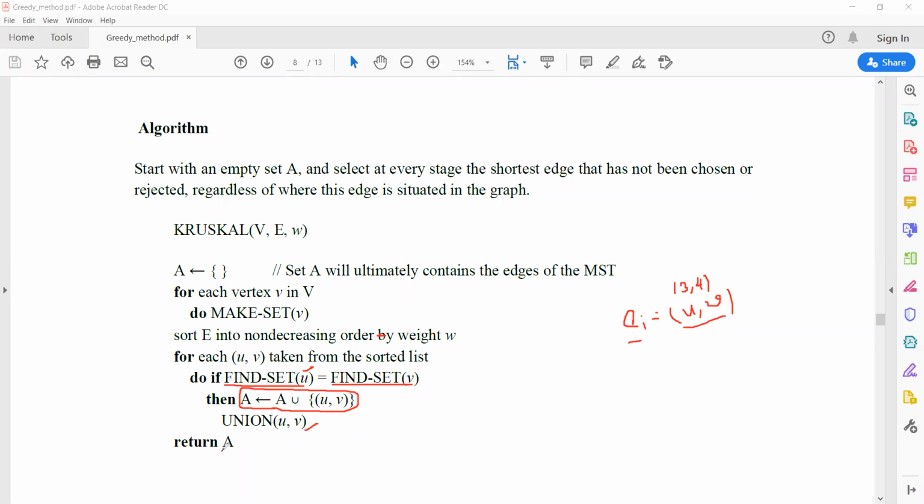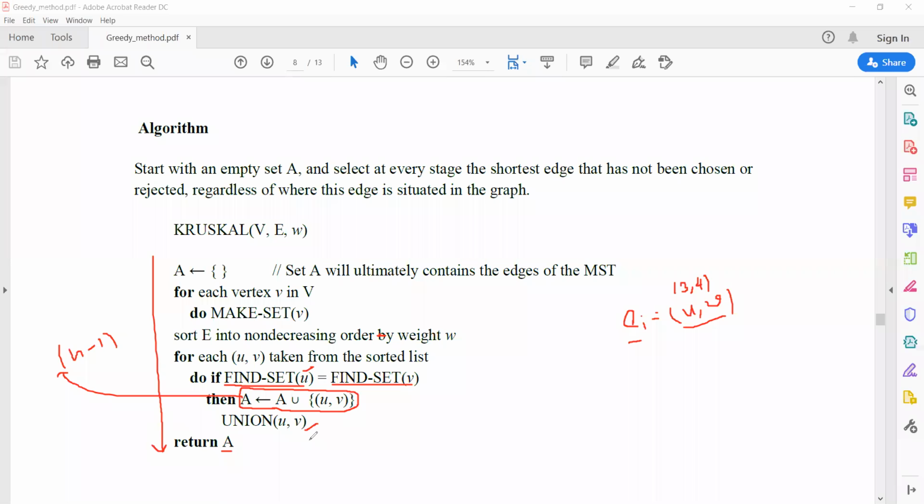So finally, when the loop ends, it reaches n minus 1 edges in A. And obviously no self loop will be allowed.